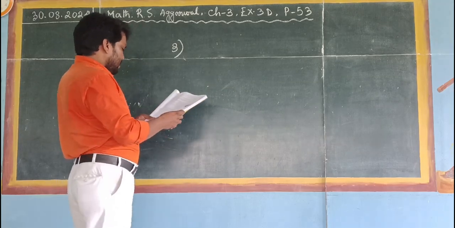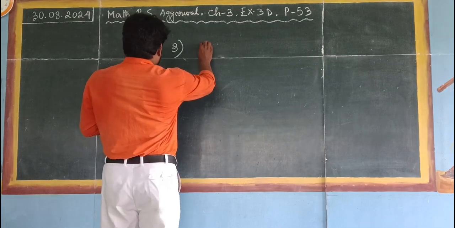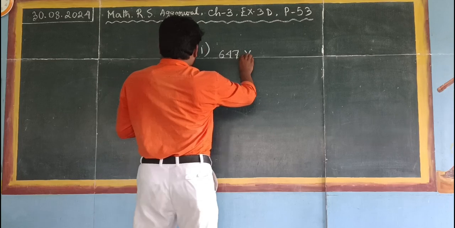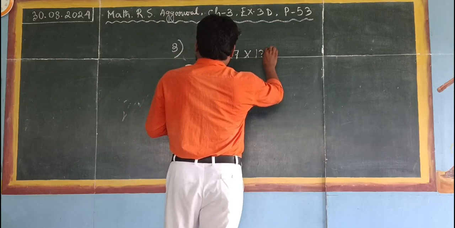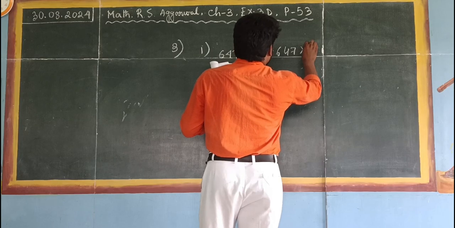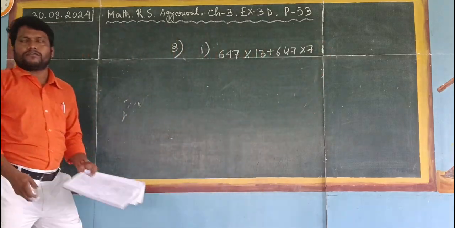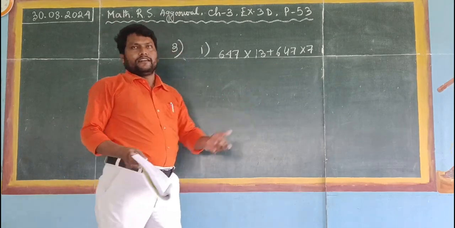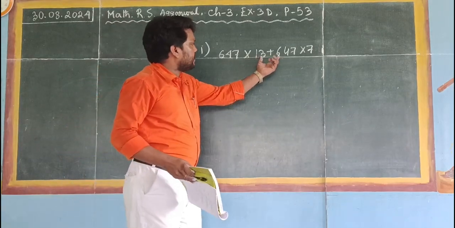Okay, question number 3, problem 1: 647 into 13 plus 647 into 7. Look, which property will apply here? Distributivity, the distributive property of multiplication over addition.